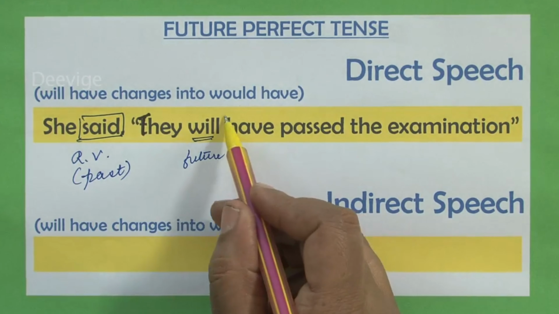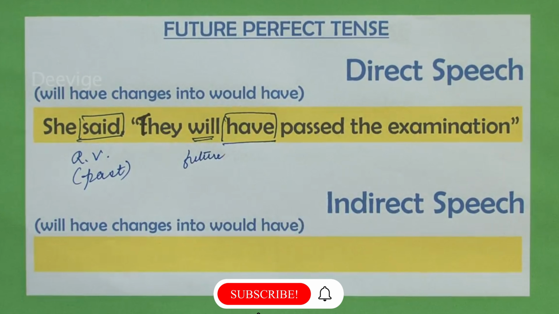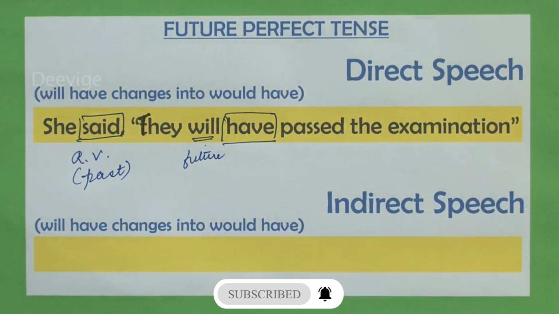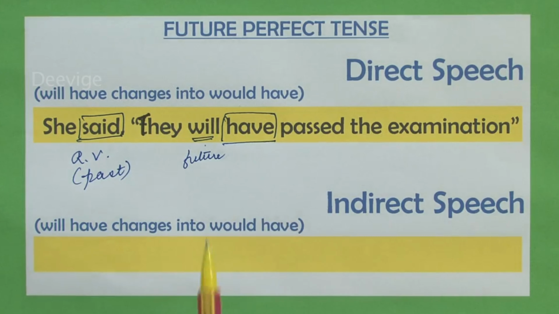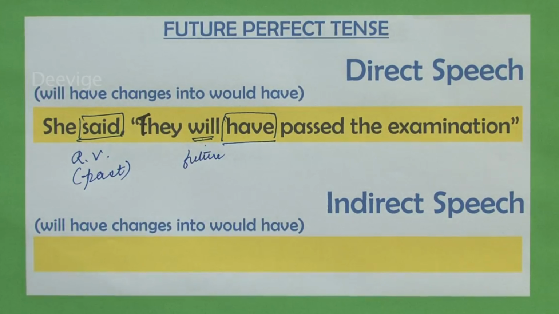Okay, so you have the word have. Have is present perfect, right? But here, since you already have the auxiliary verb will, which indicates future time, have will only be called as the perfect tense, right? If you did not have the word will, then have would indicate present perfect.